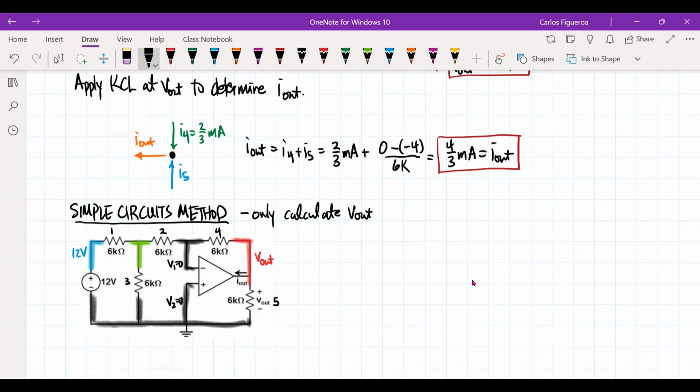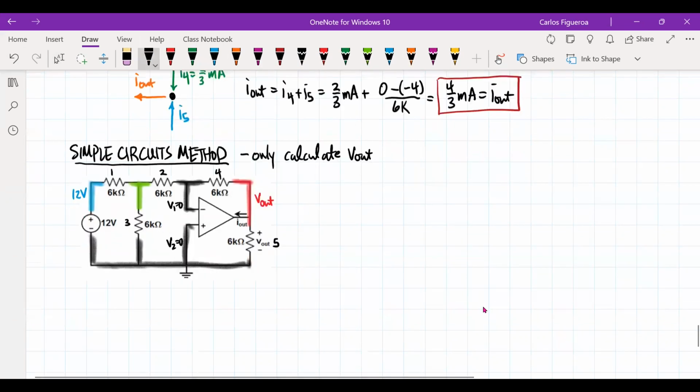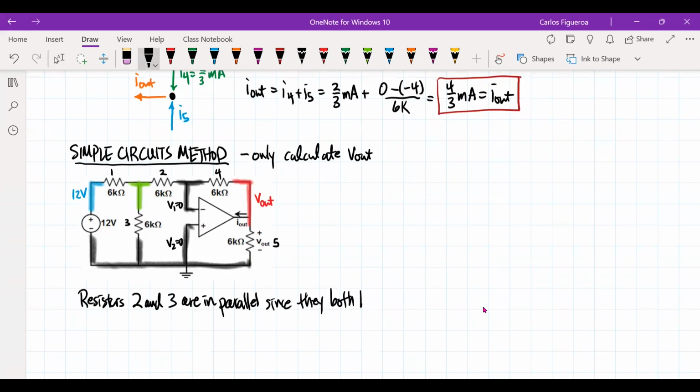So the first thing that we should look at here is that resistors 2 and 3 are in parallel, since they both have the same ground.